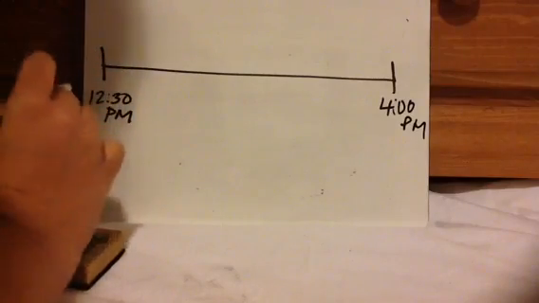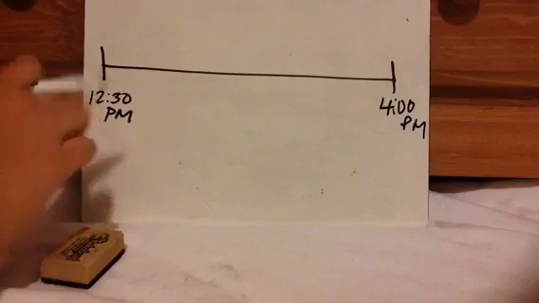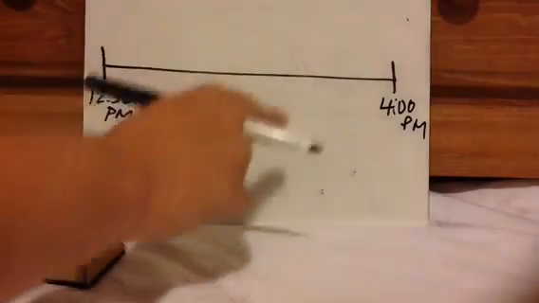So what's interesting about this is this one you can do two ways. You can first go up to the next hour, or you can do hours, and then minutes.